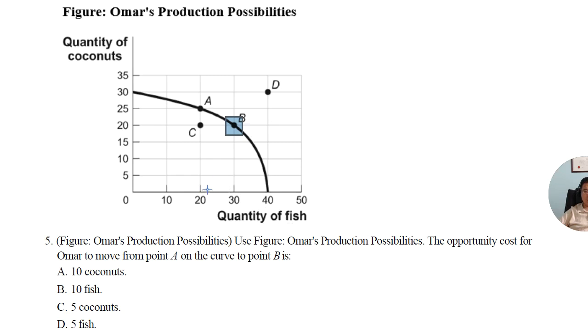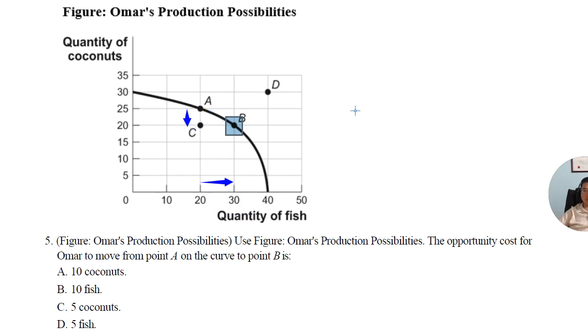now what we have is point A to point B, so an increase in the production of fish, but a decrease in the production of coconuts. Okay, so we have 10 more units in the quantity of fish, but 5 units of coconuts less.